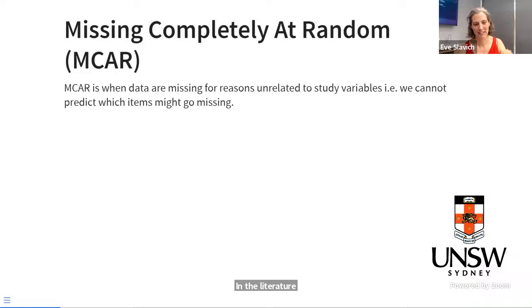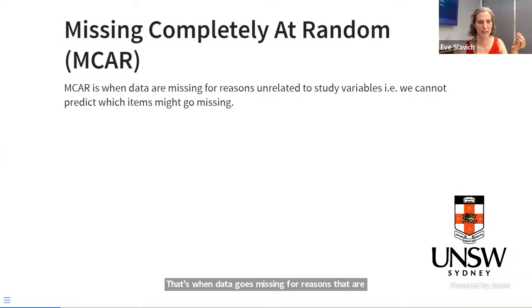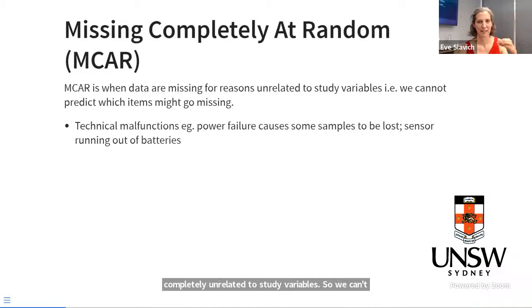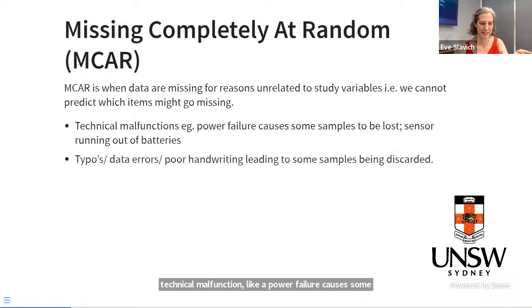So missing completely at random, that's the first kind of non-structurally missing data. That's when data goes missing for reasons that are completely unrelated to study variables. So we can't predict which items might go missing. So a common reason that could happen could be a technical malfunction, like a power failure causes some samples to be lost, or a sensor runs out of batteries.